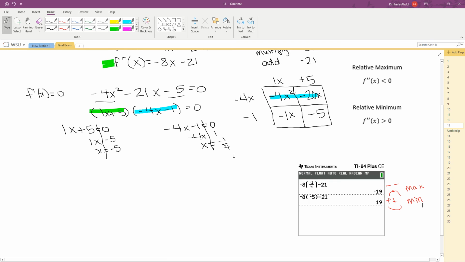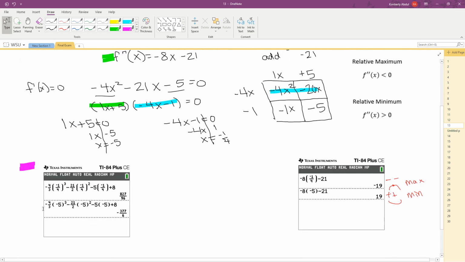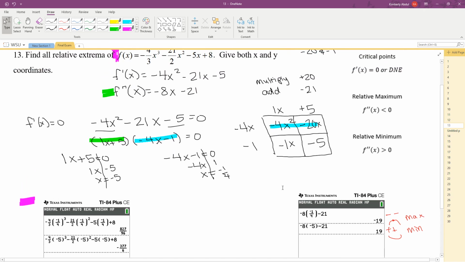Okay, now to figure out what the actual values are in the function, I'm going to plug them back into my original function, and I'm going to put what that gives us over here. And for time, I'm just going to drag my calculator screen over. Okay, so everywhere that I see x, I'm going to plug in negative 1/4, and then I'm also going to plug in negative 5.